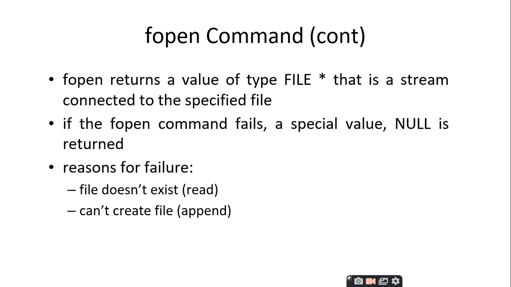So fopen, if it is successful, will return a pointer to the file, and if it fails, it will return a null value, right? This is a special value we have.